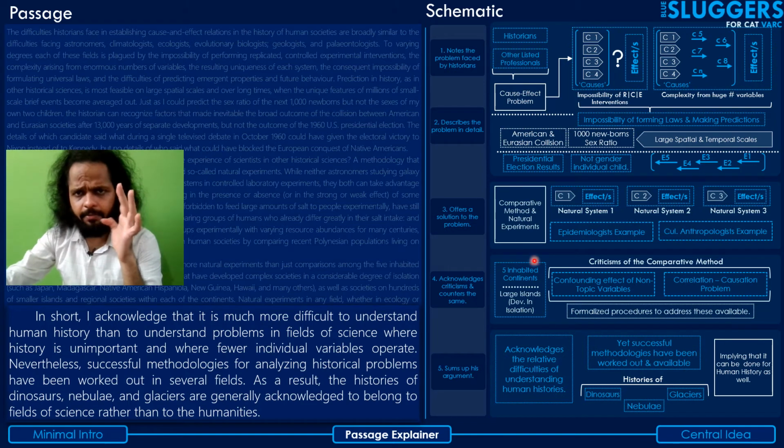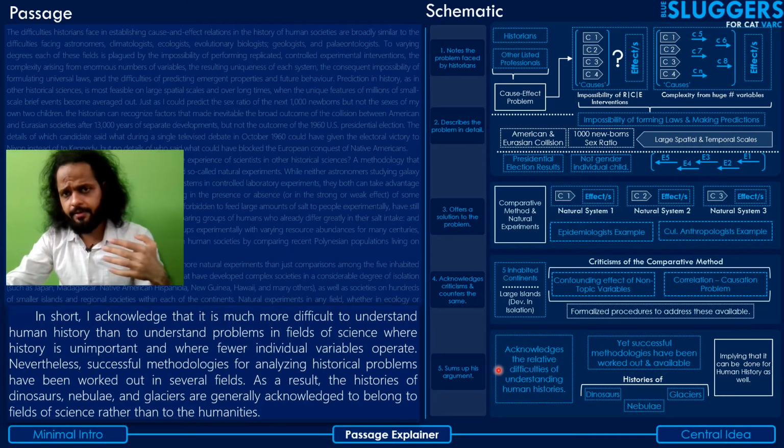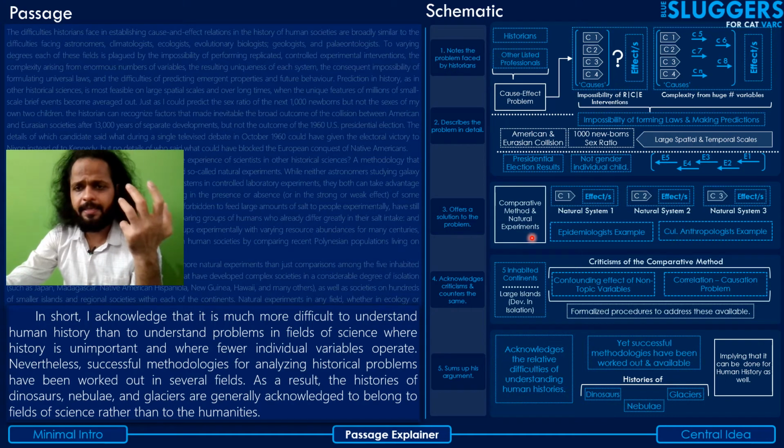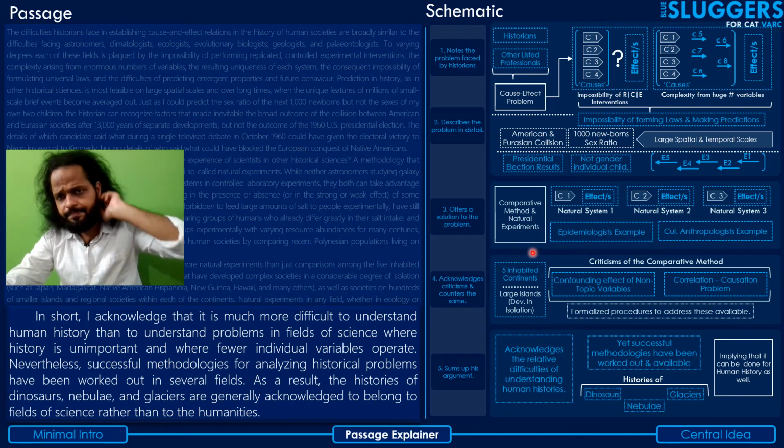Let's very quickly sum up the flow of the argument in the passage. He starts by noting the problem faced by historians in the first paragraph, and describes it in detail. Next, he offers a solution for the problem in terms of the comparative method and natural experiments, which has already been deployed in many other fields of history.